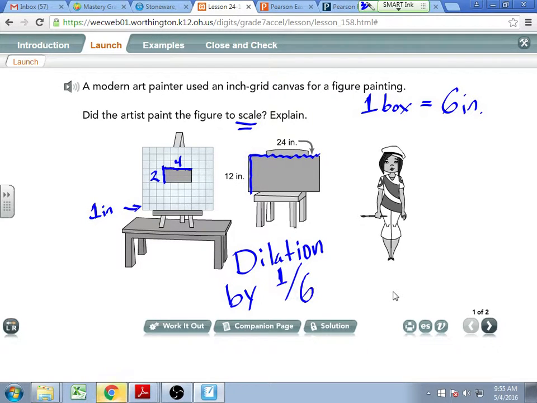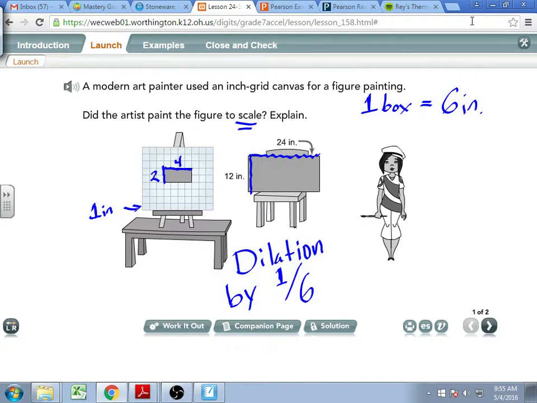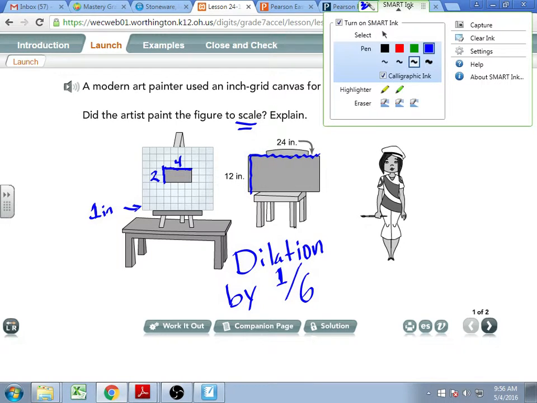My new figure is smaller than the original figure, so my dilation factor or my scale factor will be less than 1. But you always want to think about this as multiplication. So instead of saying divide by 6, we say it's a dilation of 1/6. We always want to think about this as multiplication to the original figure.